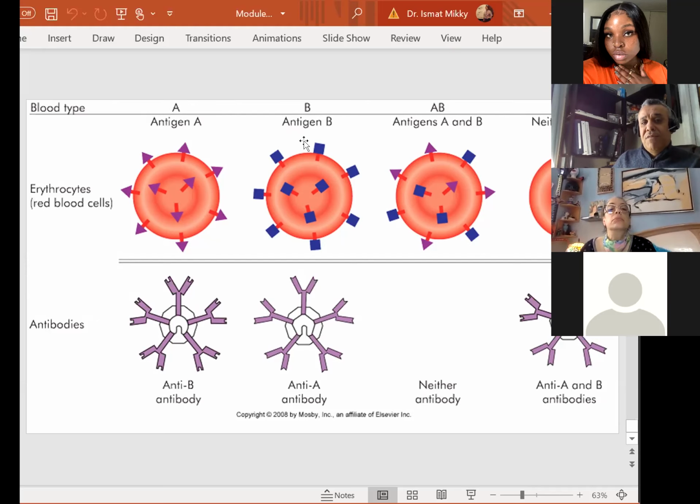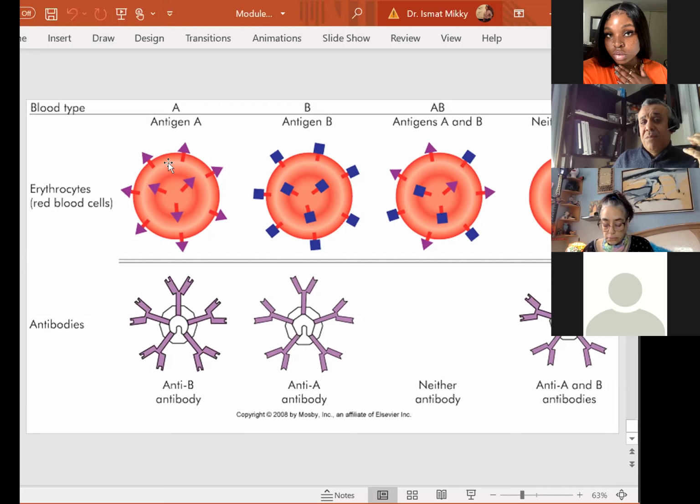Same thing for blood type B. They have RBCs with antigen B, and in the blood plasma they have anti-A antibody, which will definitely attack any red blood cells which have A antigen on the top of the cell.